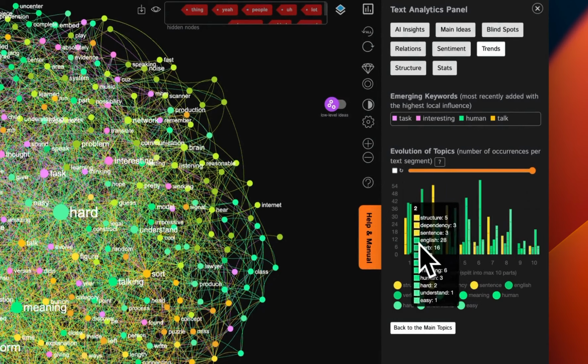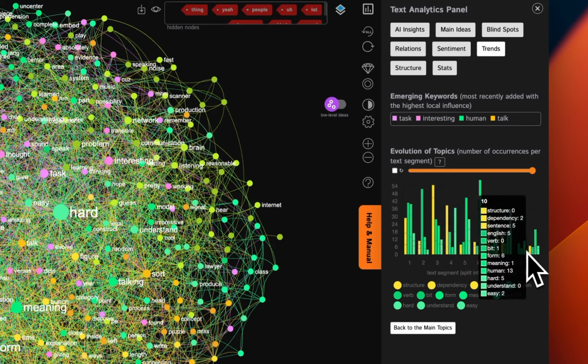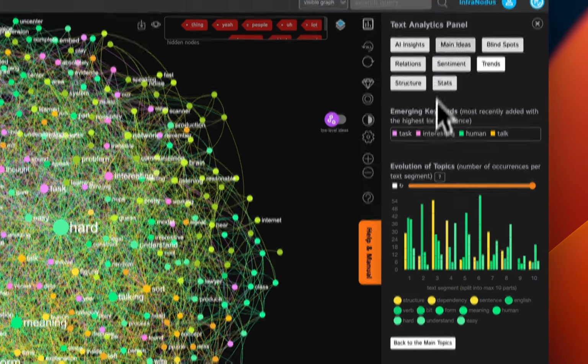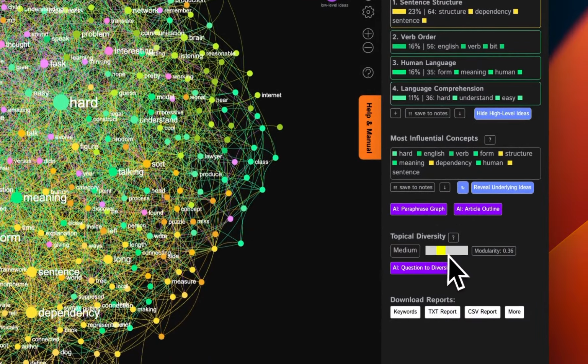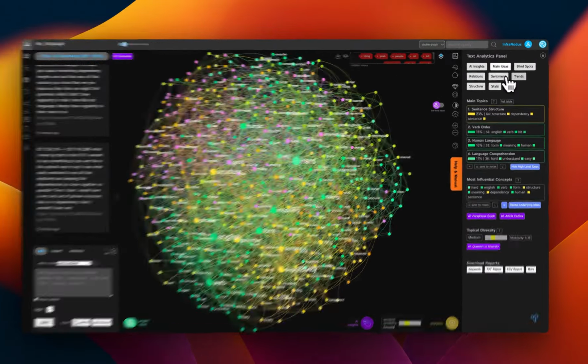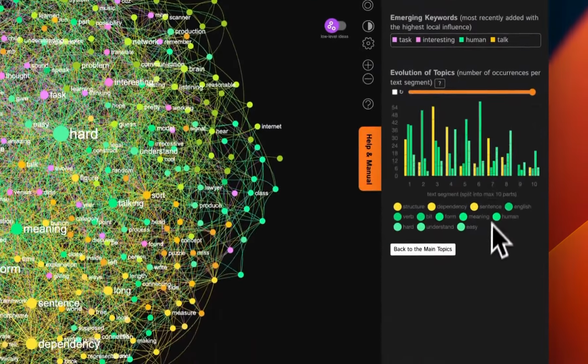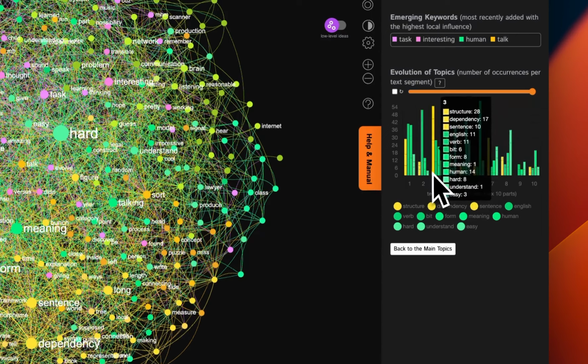So I don't know if it's just that there is kind of homogeny across. It is somewhat medium topically diverse, and so there is a little bit of homogeny happening, but I can see, what is that right there? So this is human, is that the one that's 23, the largest one, versus structure?